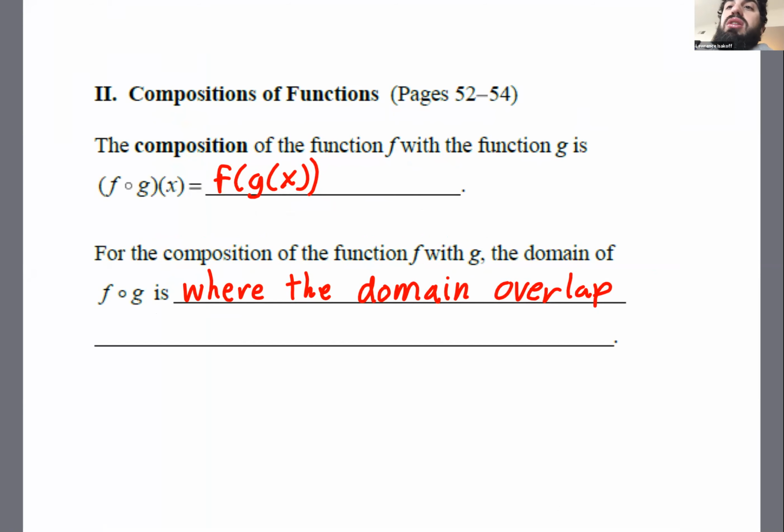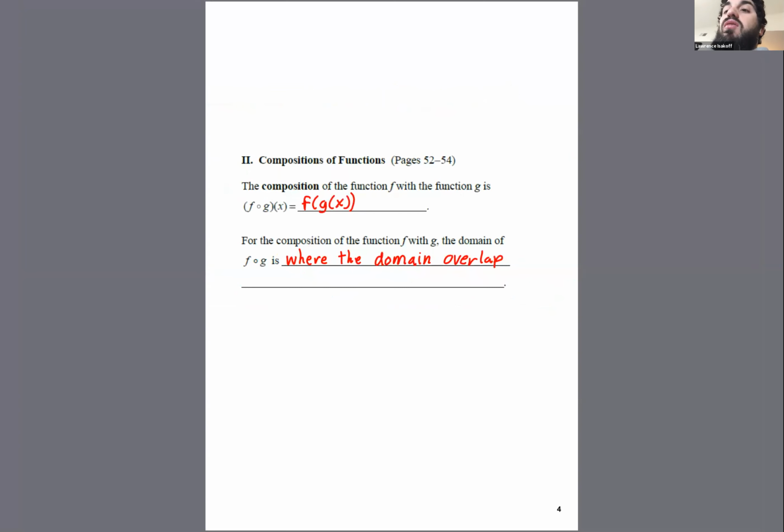If it has that little circle between them, the function that comes first is the outer function. The function that comes next is the inner function. So what we're essentially going to be doing here is replacing x with an entire function.